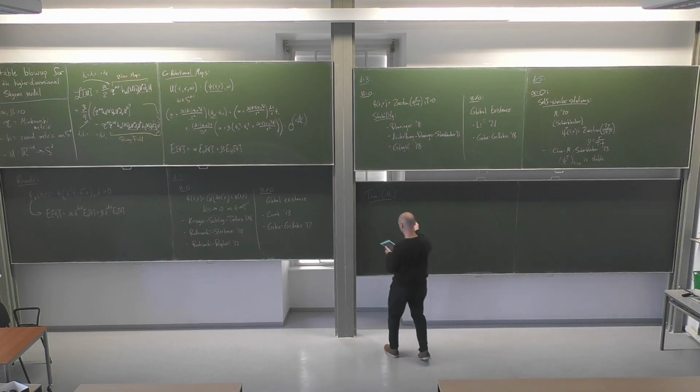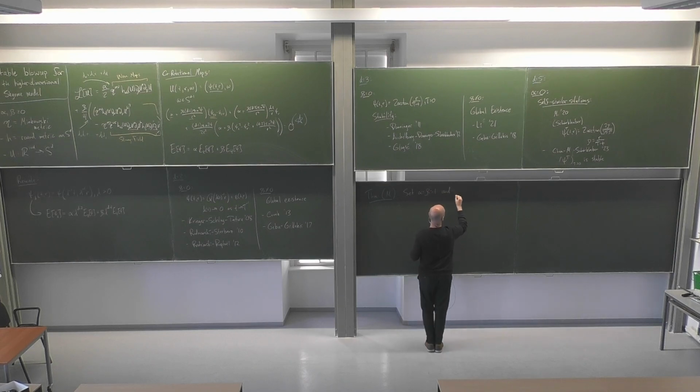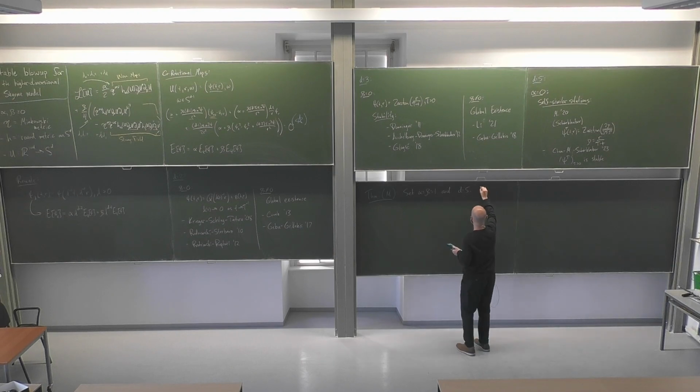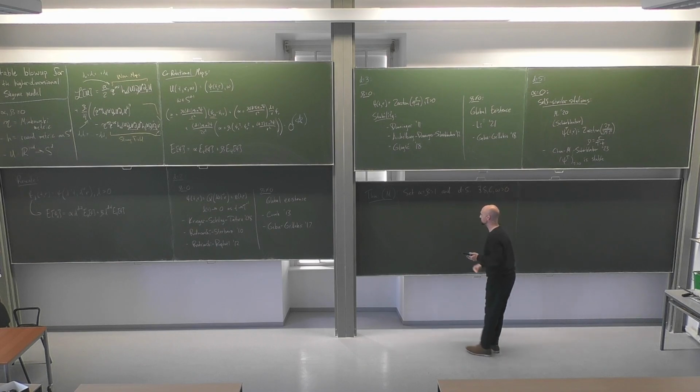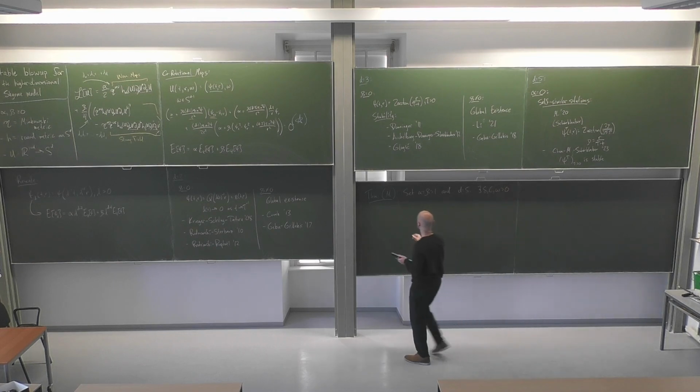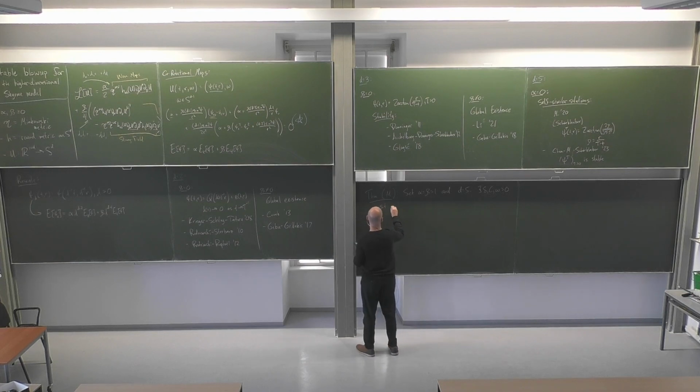So just to restate that more precisely, if I set alpha and beta equal to 1 and d equal to 5, then there exist positive constants such that the following holds.